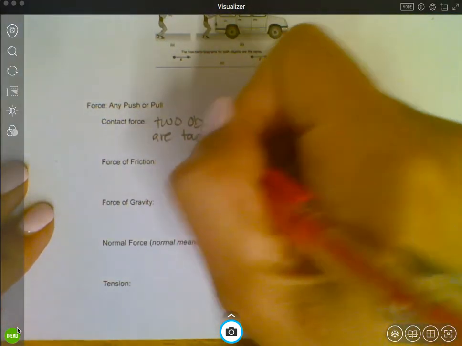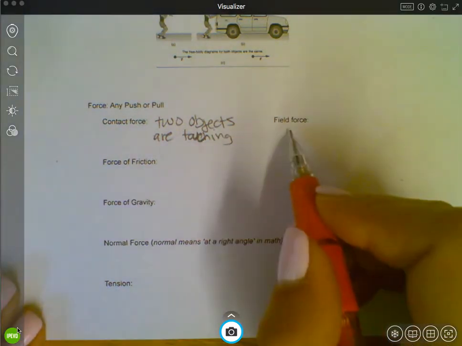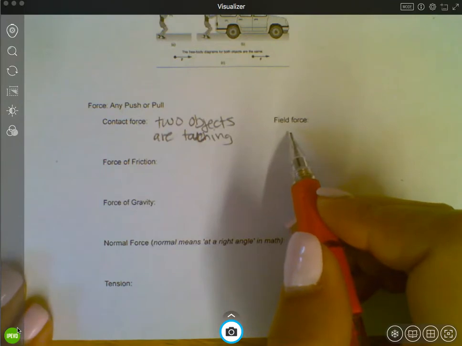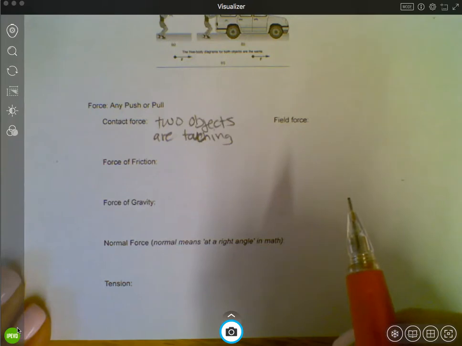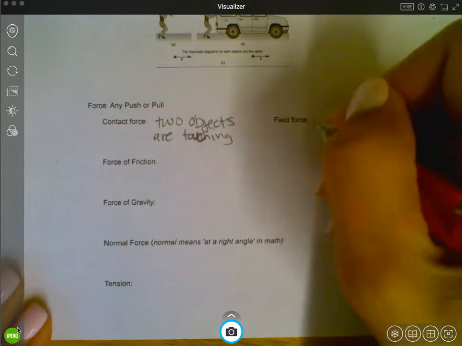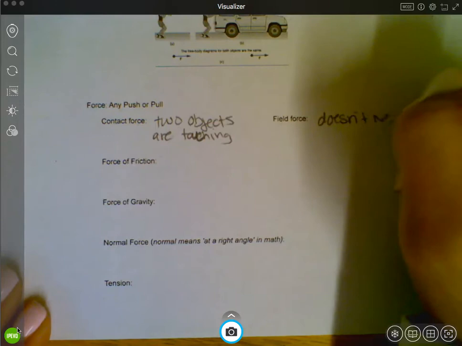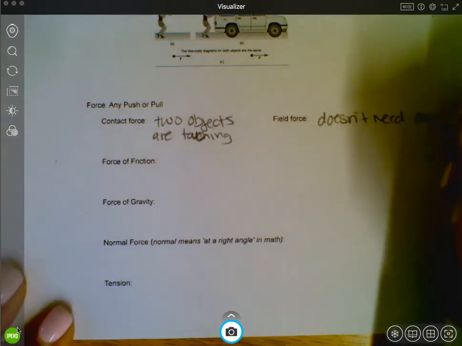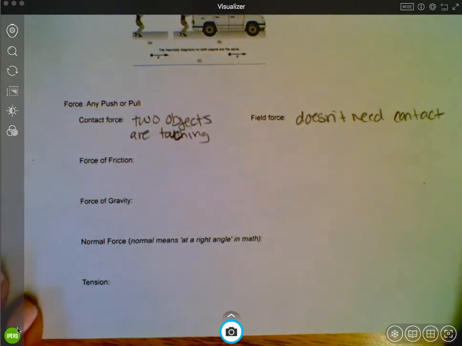Examples of this would be friction, the normal force, you pushing on a crate, you pulling on a suitcase. A field force is sort of weird. It's like in a movie when they say you have a field force around you. Basically a field force is a force that doesn't need contact to act on an object. The best example would be gravity.